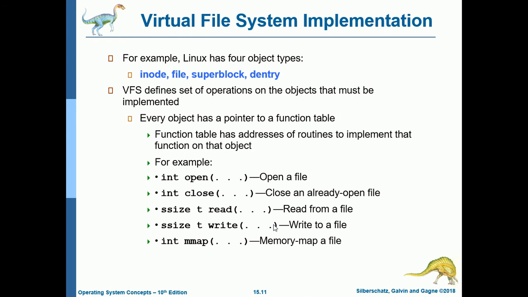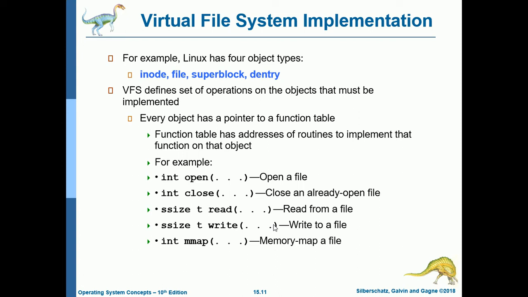Next, we have the virtual file system implementation. For example, Linux has 4 object types. We have inode, a per-file data structure holding most of the metadata of the file. The inode is the file control block or FCB in most Unix file systems. Then we have the file, the smallest logical storage unit, a collection of related information defined by its creator.